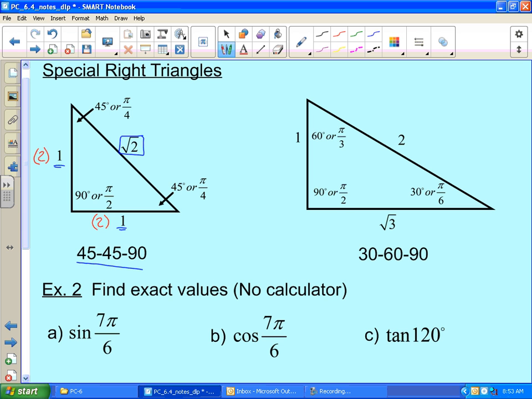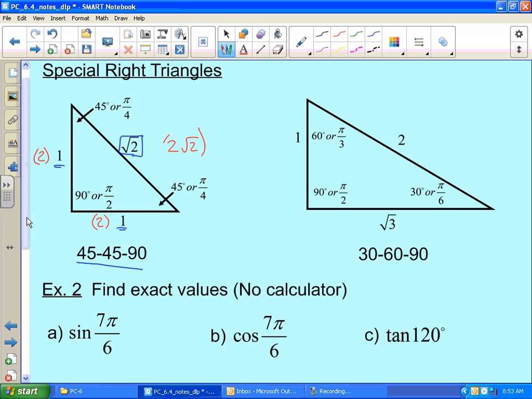So we have the square root of 8, or we have 2 root 2. So basically, whatever the legs are for a 45, 45, 90, you multiply that length by root 2, and that would be your hypotenuse.